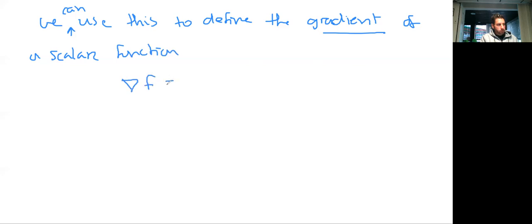And what do we mean by that? Well, you guys know that. We just take the partial of f with respect to x, y, and z and throw it into a vector.